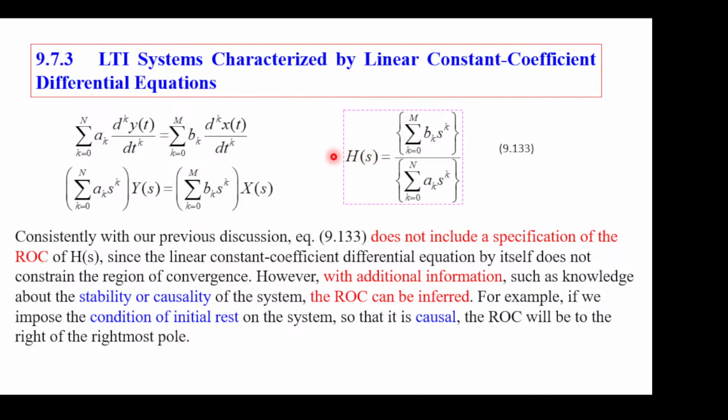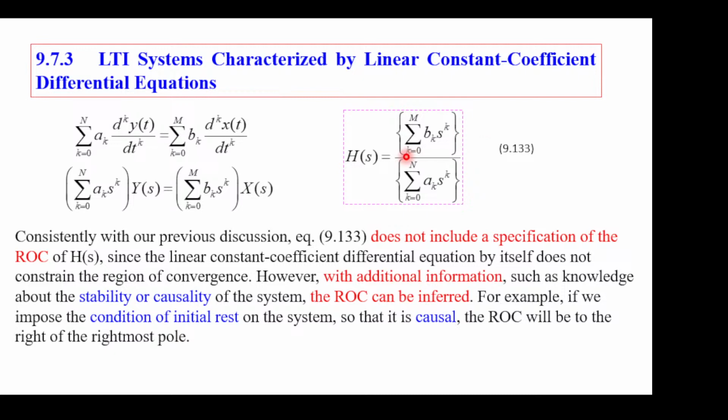Then you have big H equal to big Y divided by big X. So you move things around, and you see that it should be this X part polynomial divided by this Y part polynomial. Okay, this thing we have done many times in the midterm and in chapter 4, etc. And so you can write this big H of s very easily.